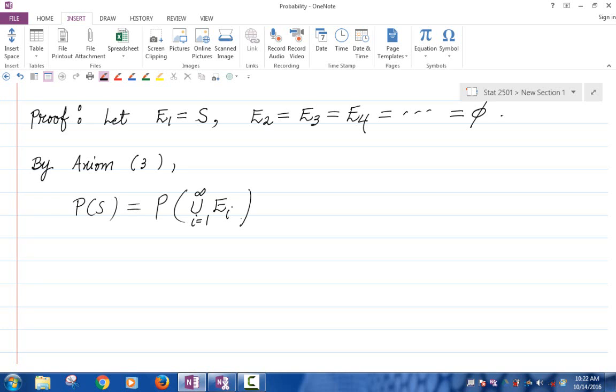So I can say this equation that I have. Right, now I apply axiom number 3. By axiom number 3, this is the same as, are these events mutually exclusive? Obviously they are mutually exclusive, right? What's the intersection of Ei, Ej? Intersection of Ei, Ej is empty, so they are all mutually exclusive. So I can apply axiom 3 now and say this is the summation i going from 1 up to infinity of the probability of Ei, right?